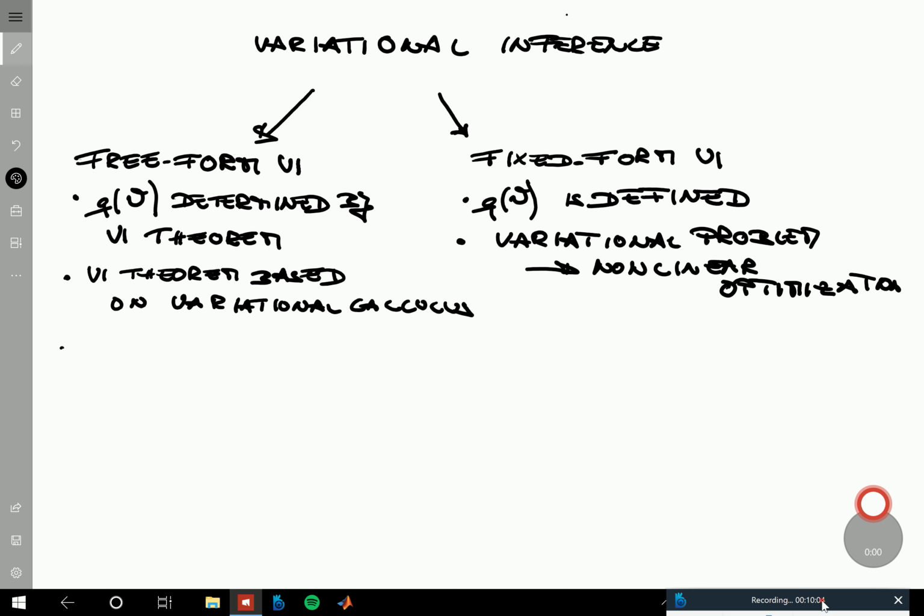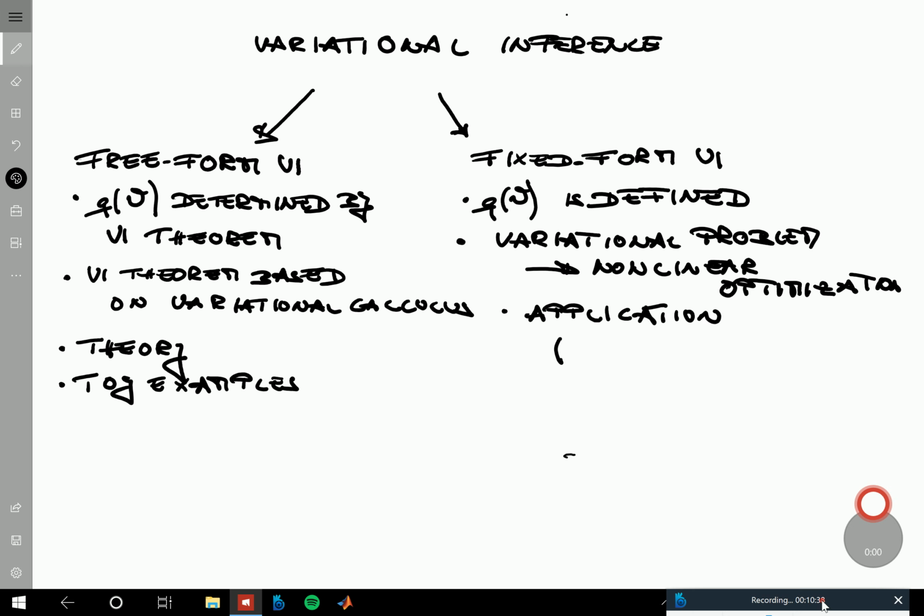So free-form variational inference is very nice, but it's more relevant in theoretical considerations and for toy examples. Fixed form variational inference is more for applications, for example DCM estimation, a lot of things in SPM and so on.